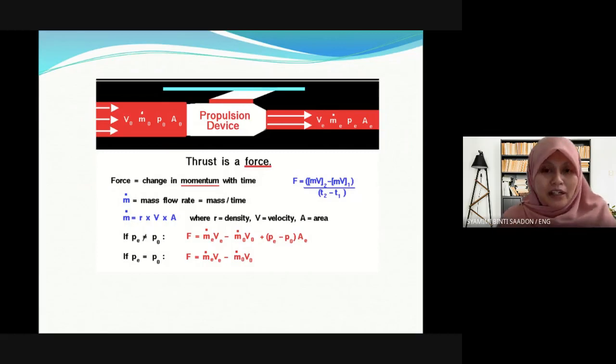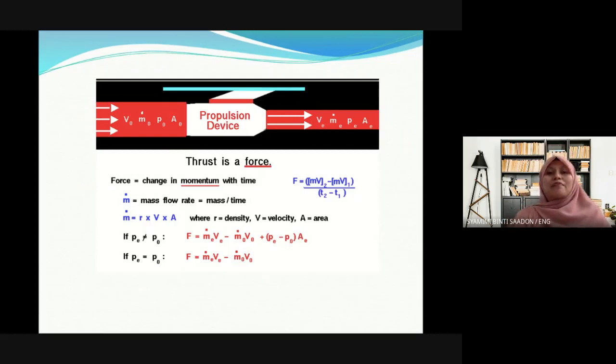So here, the main parameter to characterize the performance of an aircraft engine, of course, is the thrust. Thrust is a force.